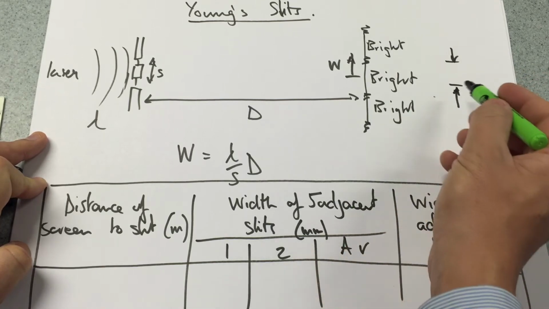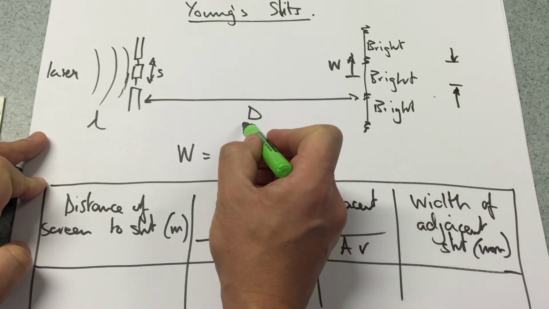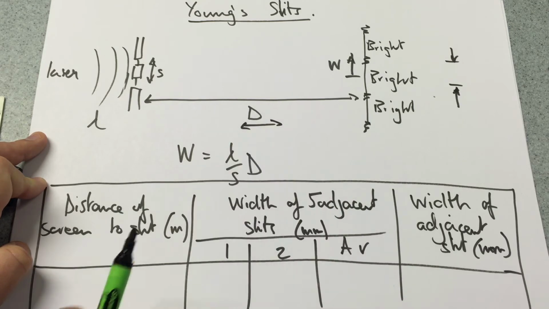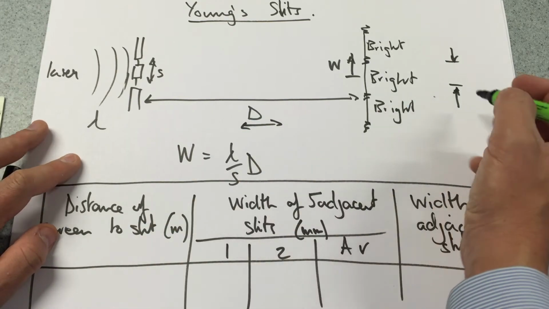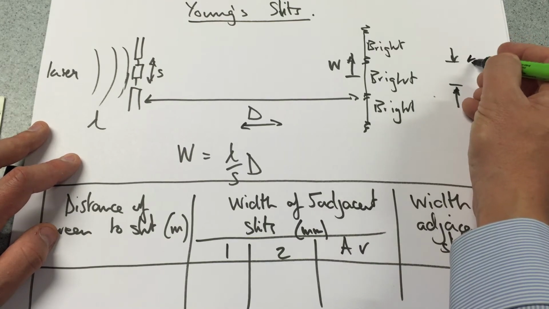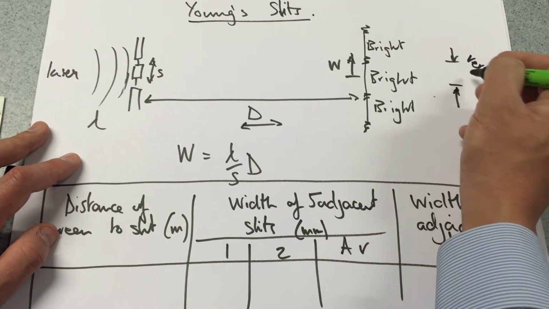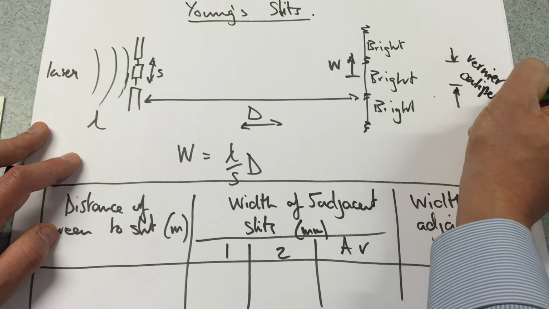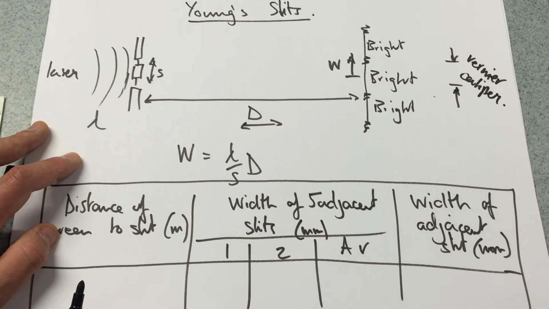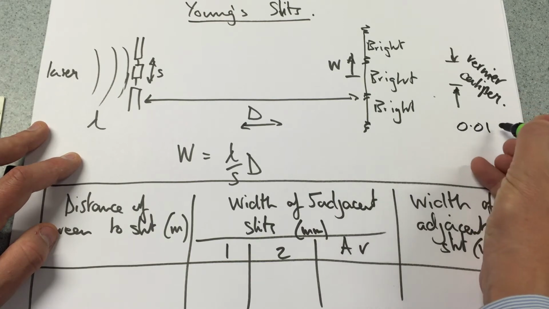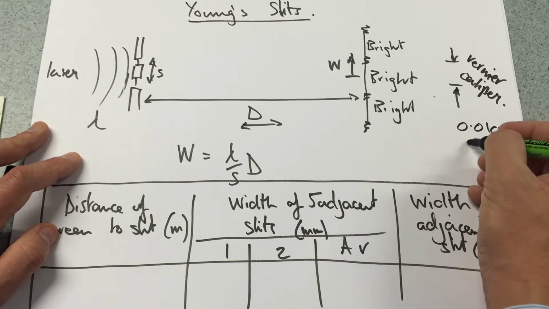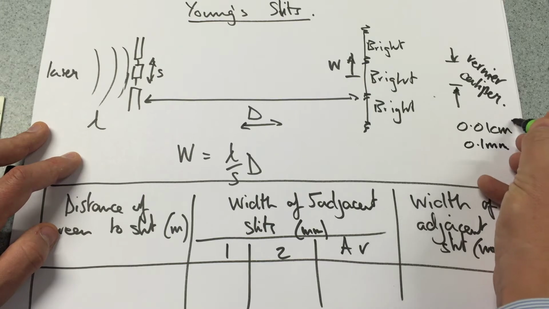So in order to make that as large as possible, we want to make this distance as large as possible. So we're talking about large distances. And it also probably requires a vernier caliper to measure that separation, because remember, a vernier caliper is accurate to 0.01 of a centimetre or 0.1 of a millimetre.